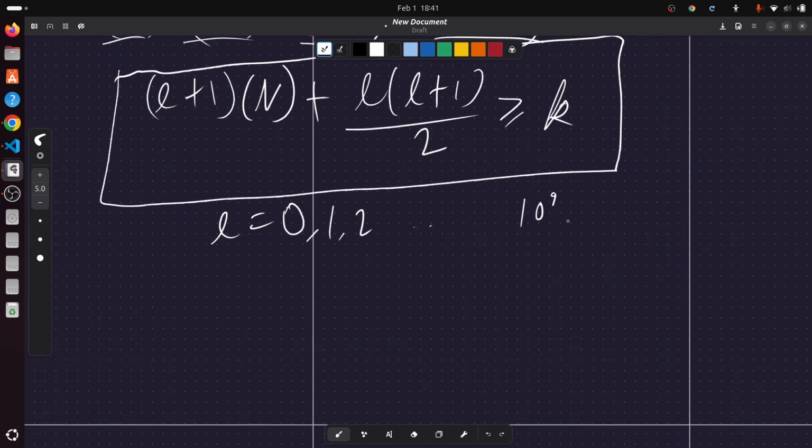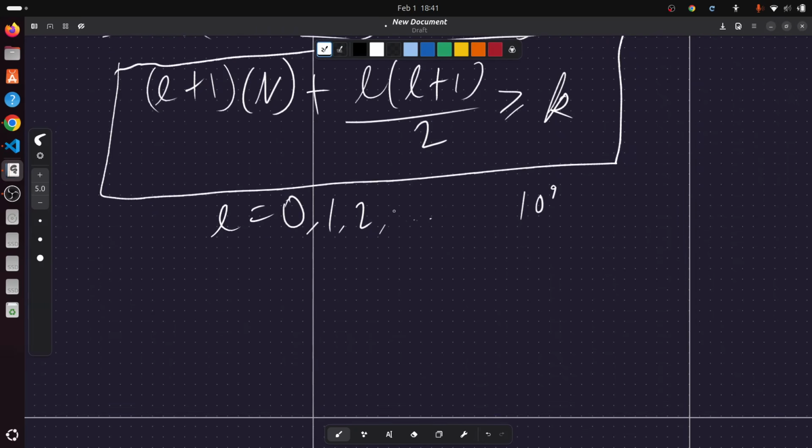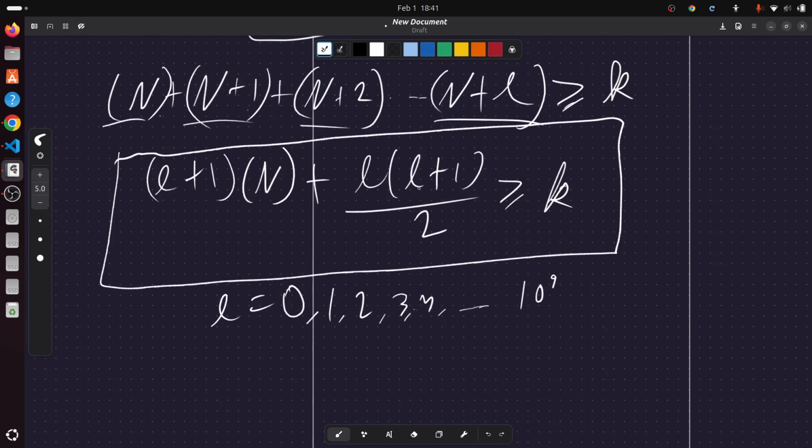And there will come a point where, if you take l equal to 0, you will get n beans, right? For the first year you get n beans, then for l equal to 1 you get 2n plus 1 beans, then for l equal to 2 you get 3n plus 3 beans, and so on.